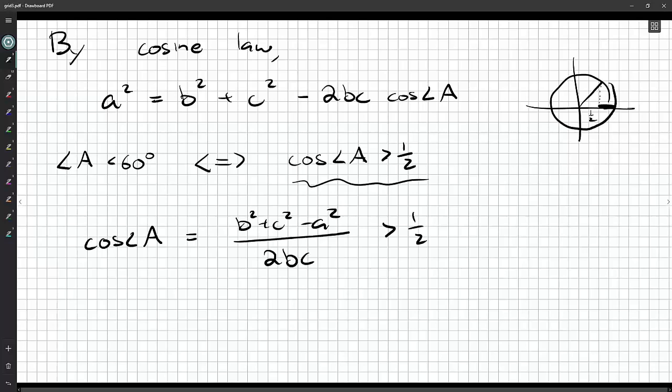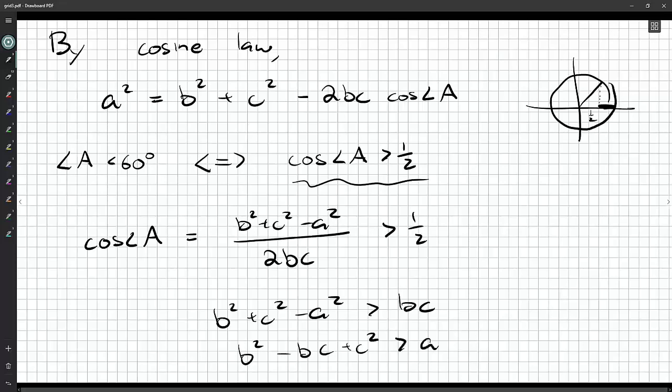Multiply by 2BC on both sides. Bring the BC's over. So that'd be minus BC plus C has got to be greater than A squared.